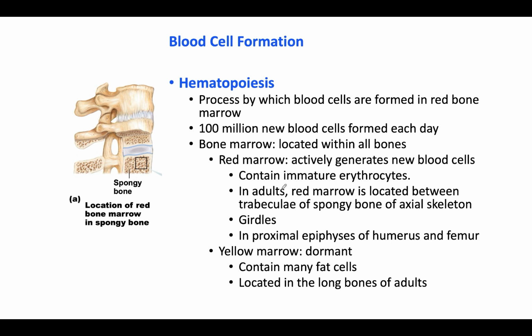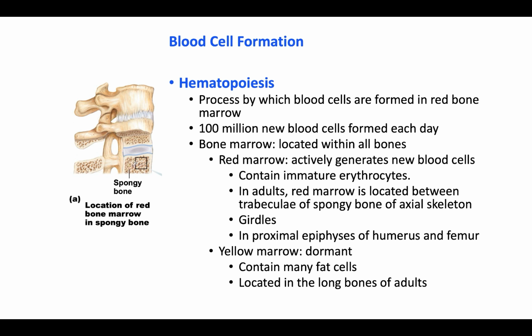Red bone marrow contains immature blood cells, and red bone marrow is located between trabeculae of sponge bone of axial skeletal bone. So here is sponge bone, and inside the sponge bone there are trabeculae, and that is the portion where blood cells can be produced.